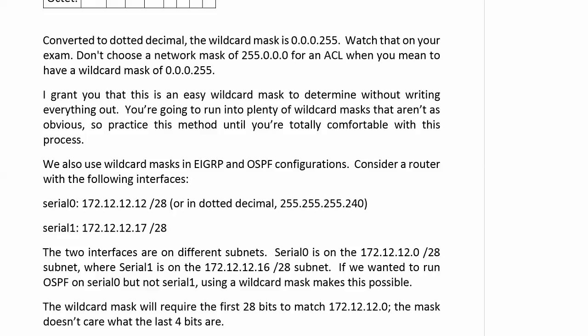And the key here is that we might want to run OSPF on one interface but not the other. And same with EIGRP. Well, using a wildcard mask makes this possible. The wildcard mask will require the first 28 bits to match 172.12.12.0, and the mask doesn't care what the last 4 bits are.